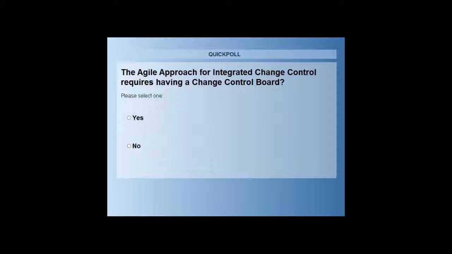I think we will take a couple of minutes with this, and then we can see what people feel about the poll, and then we can discuss how the integrated change control can be performed in Agile compared to how it's performed in the traditional PMBOK.